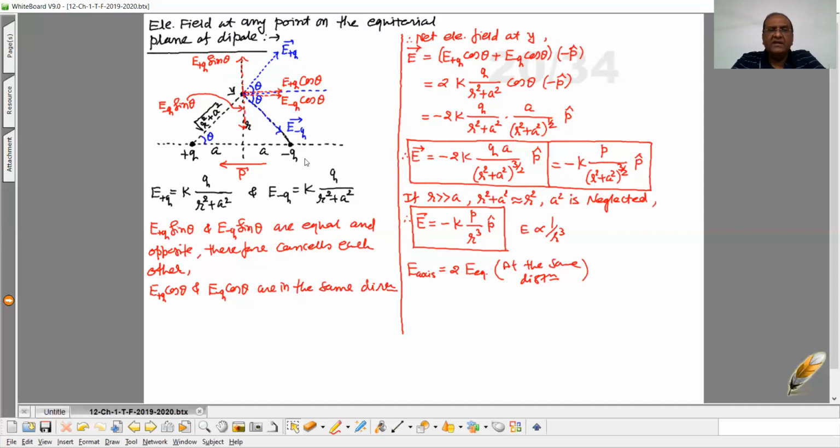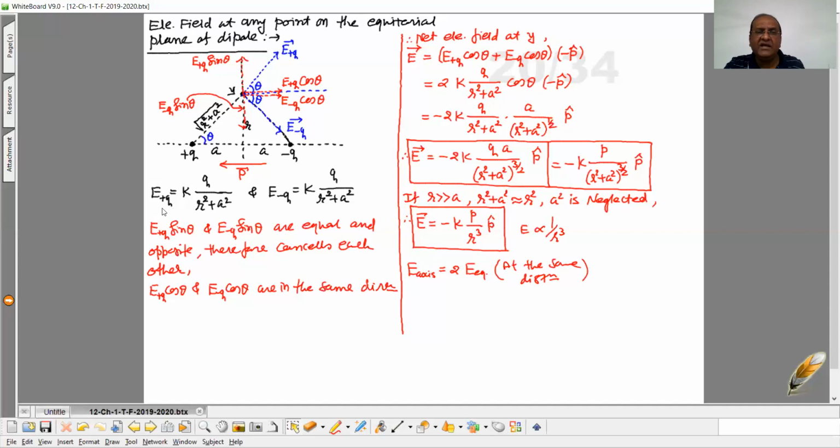Similarly, for E minus q, in positive x direction we get E minus q cos theta, and in negative y, means vertically downward, that will be E minus q sine theta.